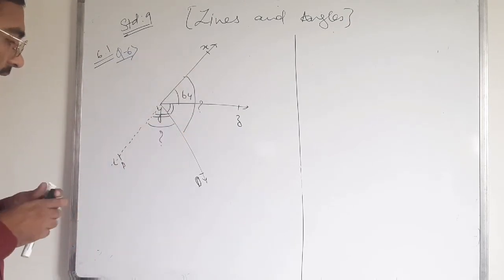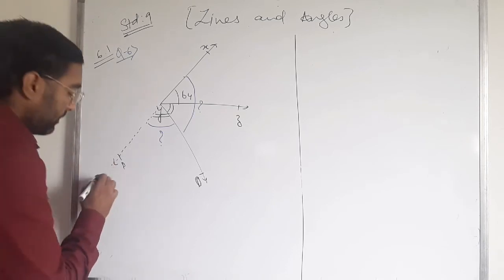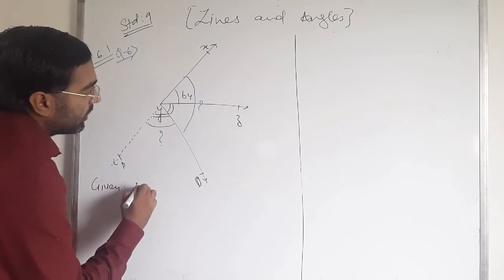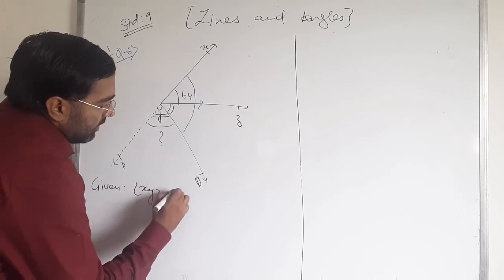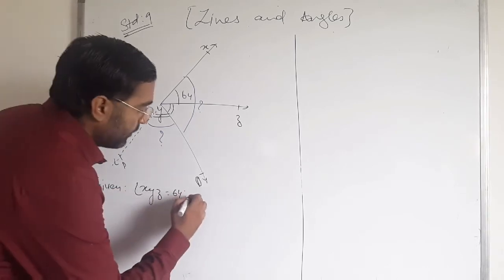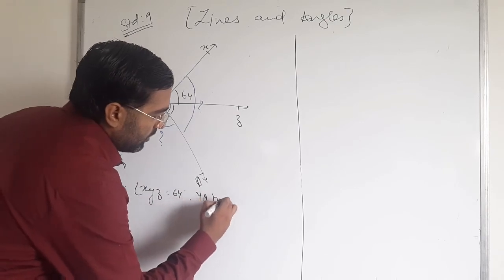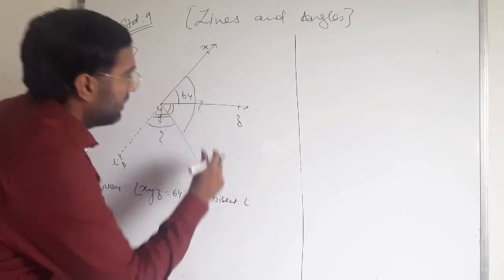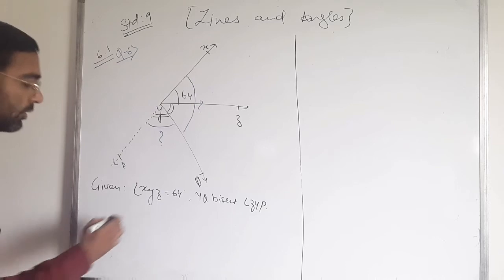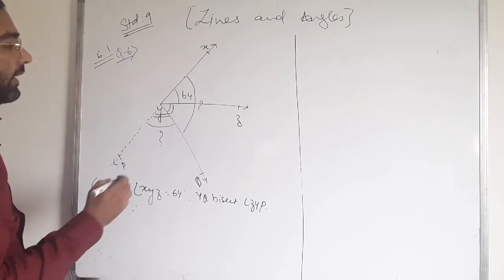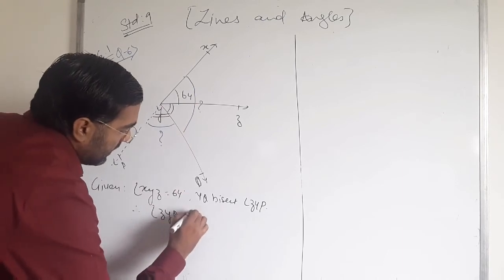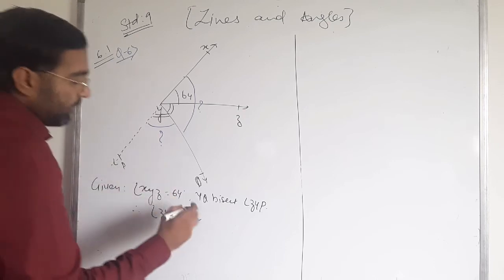So let's start. In the given, angle XYZ is equal to 64 degrees, and second, YQ bisects angle ZYP. Therefore my angle ZYQ is equal to my angle QYP.